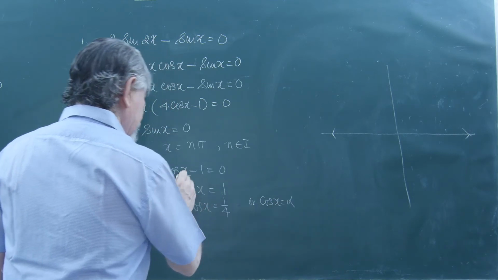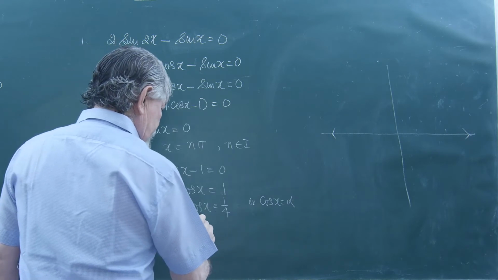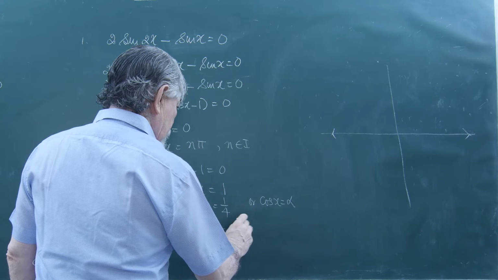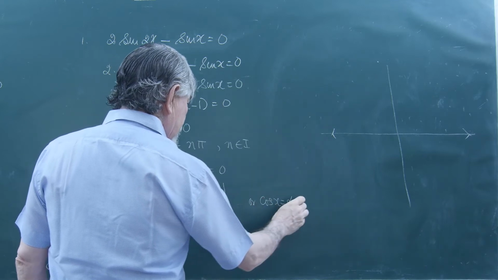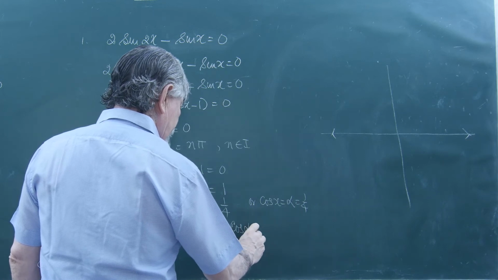Now the formula for cos x is what? I am saying cos x is equal to 1 upon 4. So suppose cos x is equal to cos alpha.